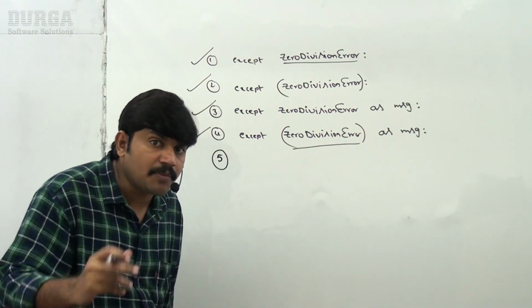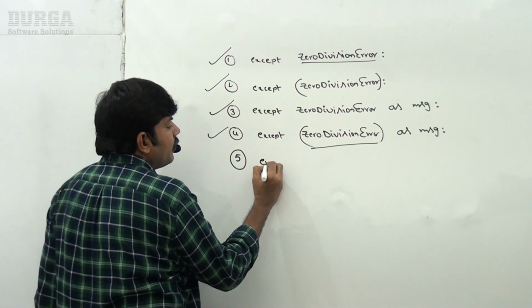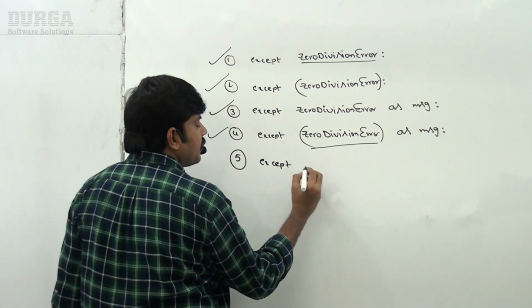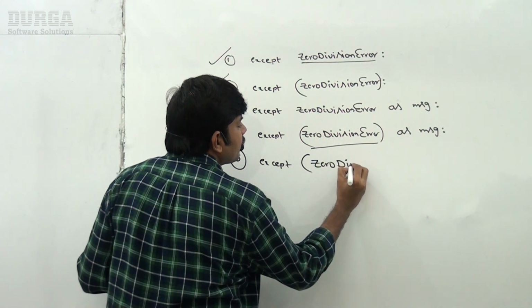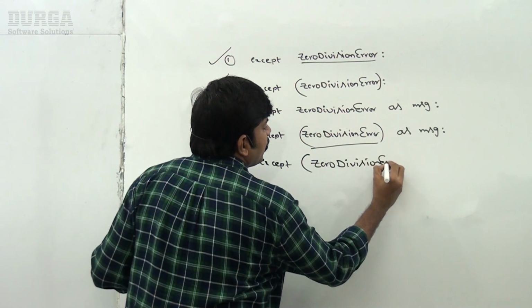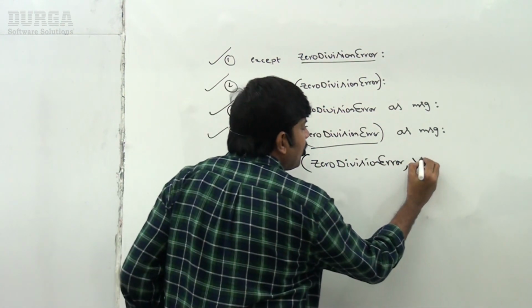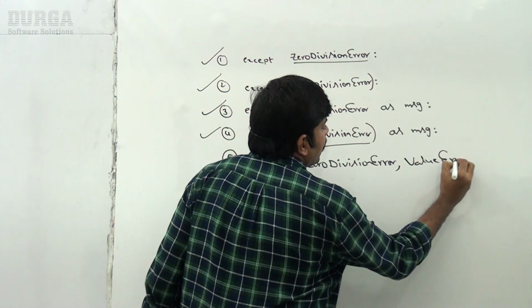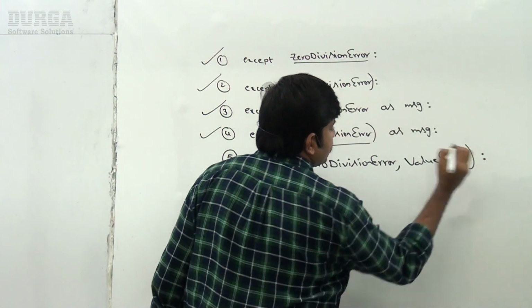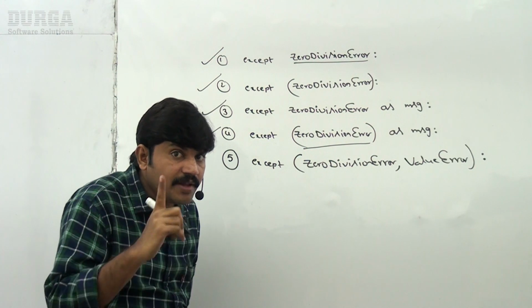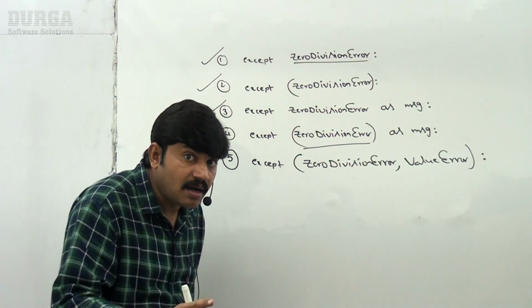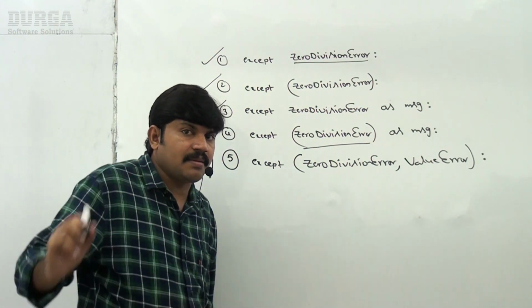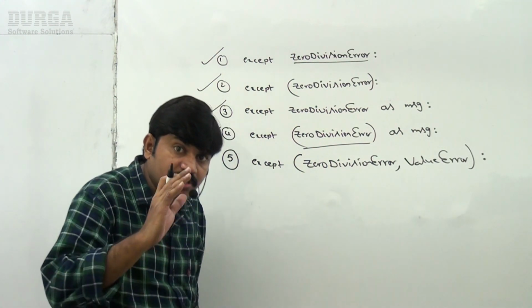Now except ZeroDivisionError, comma, ValueError, like this I'm taking, sir. Yes, it is valid. But whenever we are handling multiple exceptions, parentheses are mandatory. Remember this one, parentheses must be there.